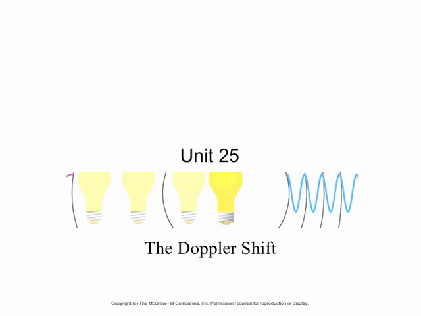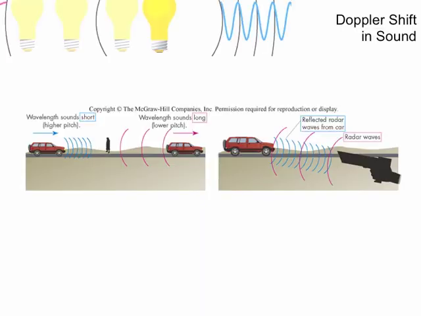What can light do if it's moving? Let's think about the Doppler shift for a moment. The Doppler shift you may be familiar with in terms of sound. If you've ever heard a train or an ambulance approaching, as its siren is blaring or whistle blowing and it's coming towards you, it sounds as though it has a fairly high pitch.